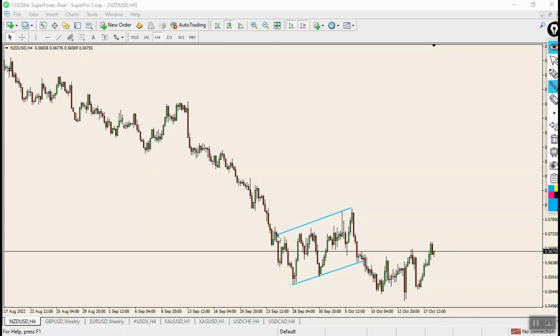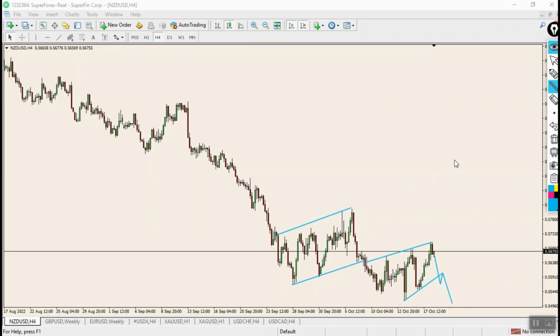But as of now, I see another continuation pattern to the low. Possibly it could be something like this, where the market comes, breaks resistance, retests, and gives us another downtrend.